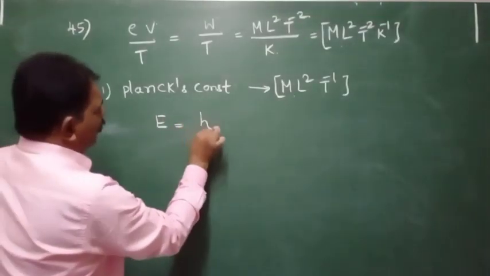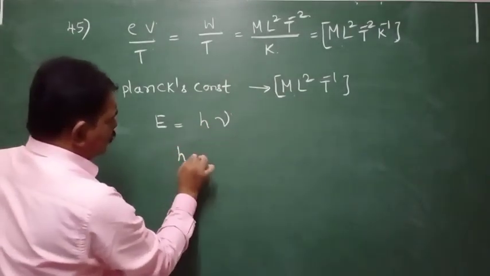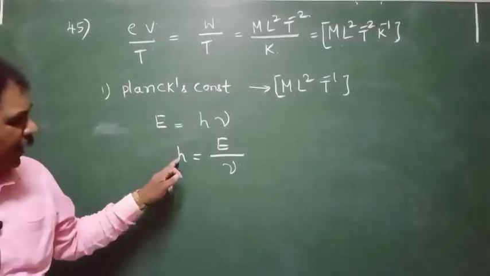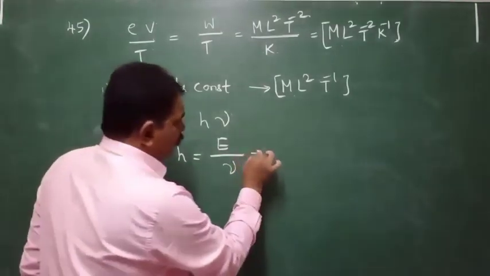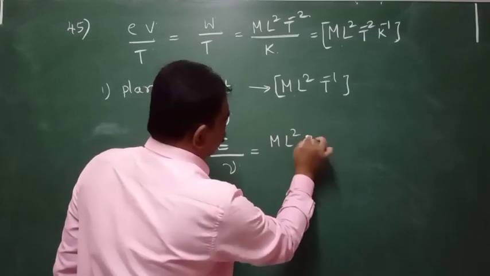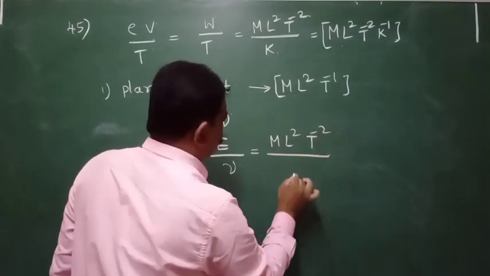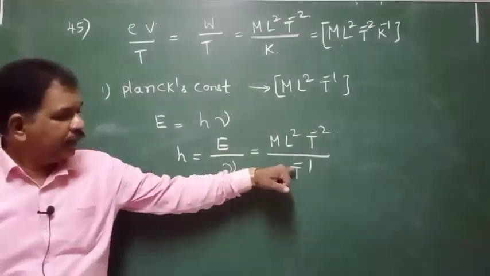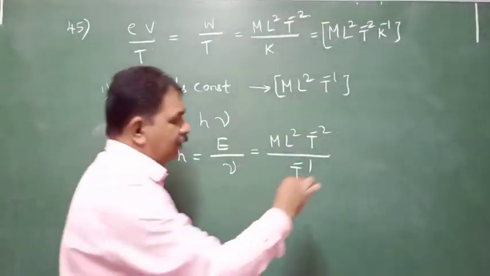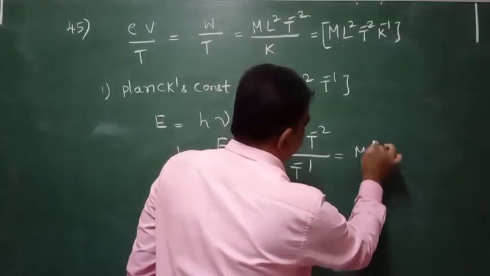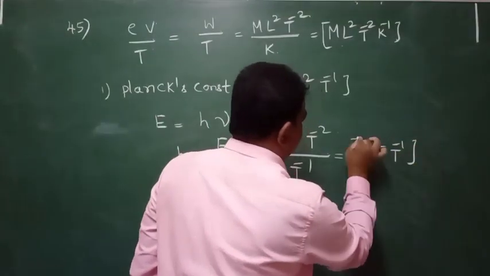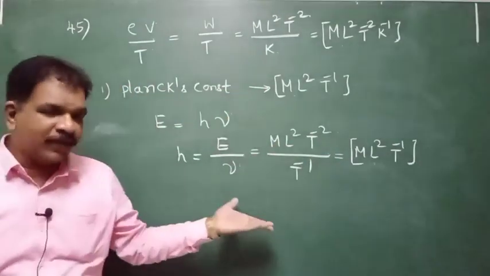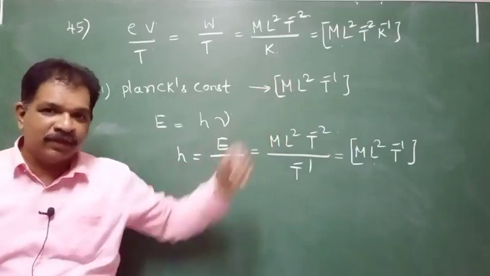E is equal to h nu, so h is equal to E by nu. h is called Planck's constant. So this is energy, mL square T power minus 2, divided by frequency, T power minus 1. The T power minus 1 will cancel, and this is mL square T power minus 1. If you don't know how that came, it came in this way.